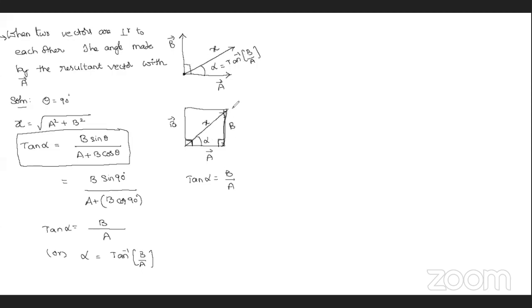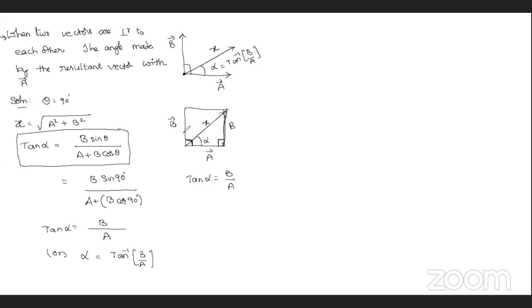This right angle triangle. From here. Simple. It is two vectors are perpendicular.